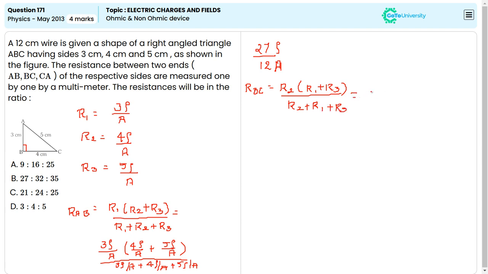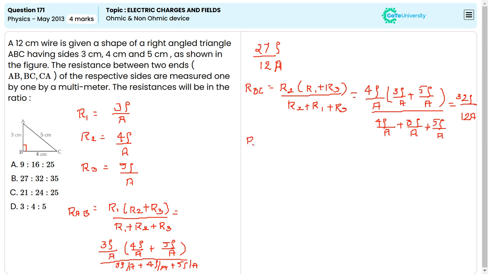By substituting the values, that is 4 rho divided by A times 3 rho by A plus 5 rho divided by A, whole divided by 4 rho by A plus 3 rho by A plus 5 rho divided by A. If we simplify, we get the value 32 rho divided by 12A.